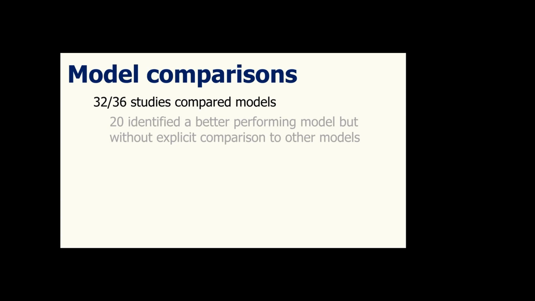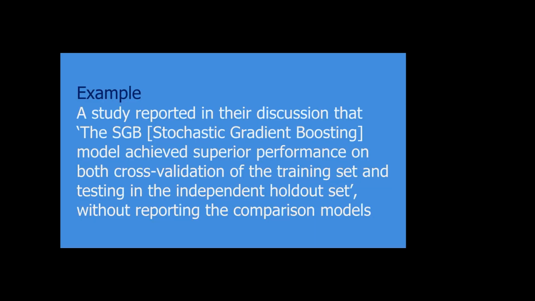So again, there was a sentence that usually cropped up in the results or the discussion where it was, our model is better, but without actually an explicit comparison. And this was quite common in the studies.